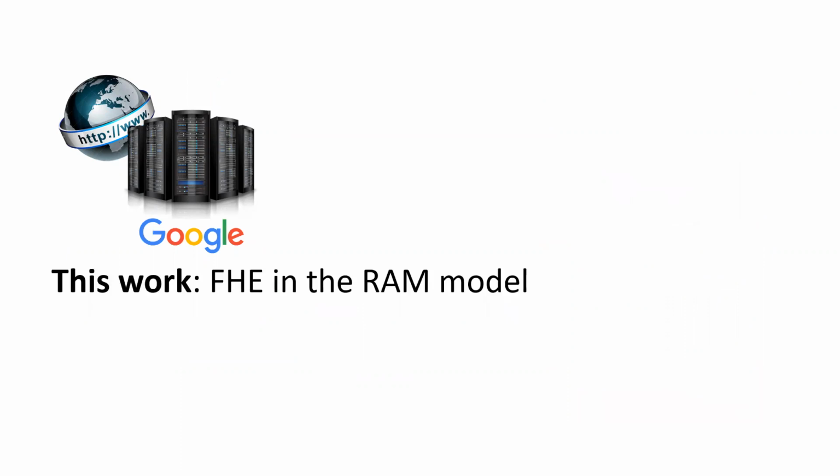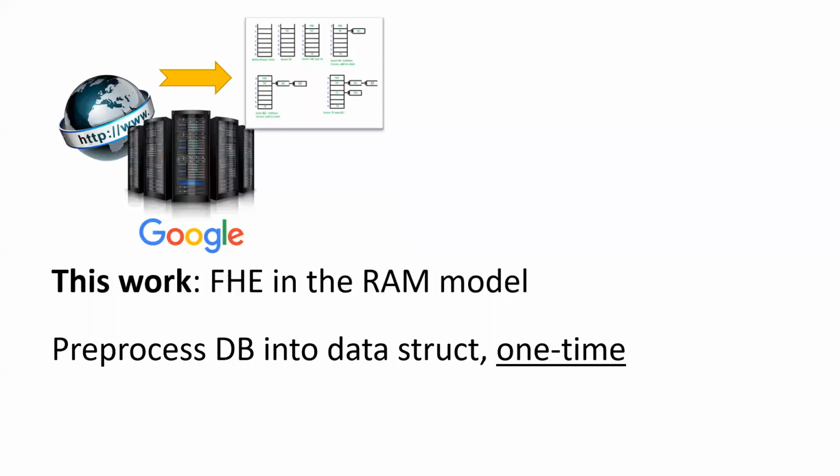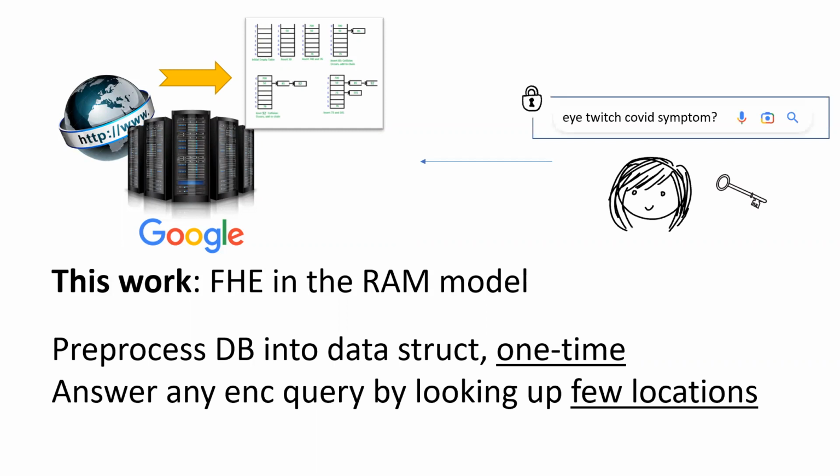And Ethan has explained that without preprocessing, that's a lower bound. So the Google in our solution preprocesses all the data on the internet into a data structure. It's one time upfront for all users. And then whenever the user Alice here comes in, she can encrypt her own query using her secret key.